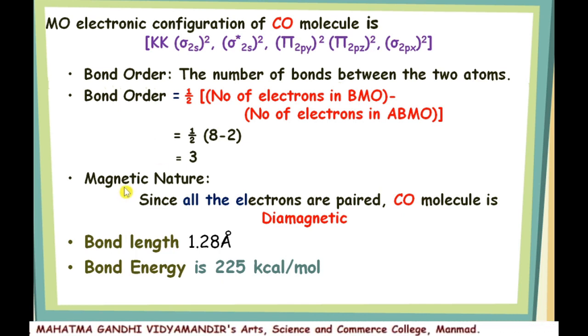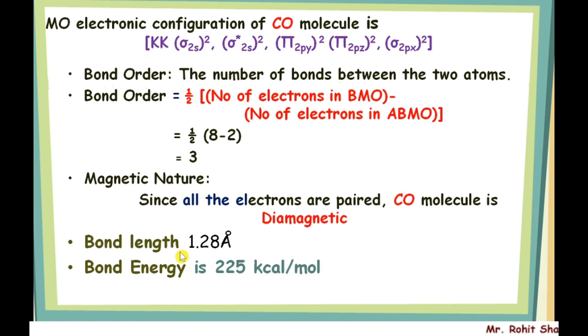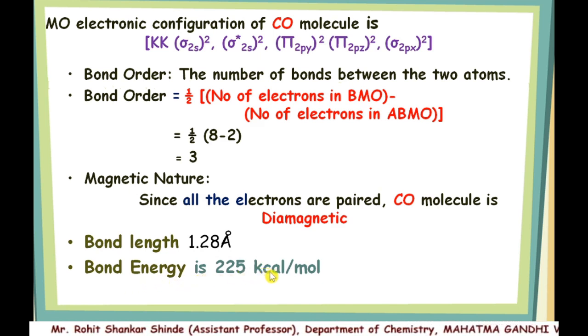Now let us see magnetic nature. Since all the electrons are paired, the CO molecule is diamagnetic in nature. Bond length: in the case of the CO molecule, the bond length is 1.28 angstrom and bond energy is around 225 kilocalories per mole.